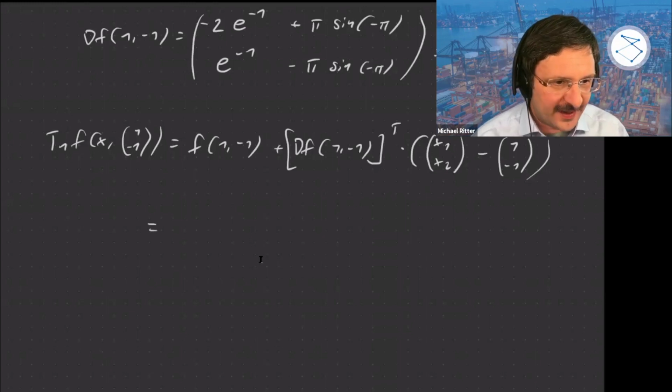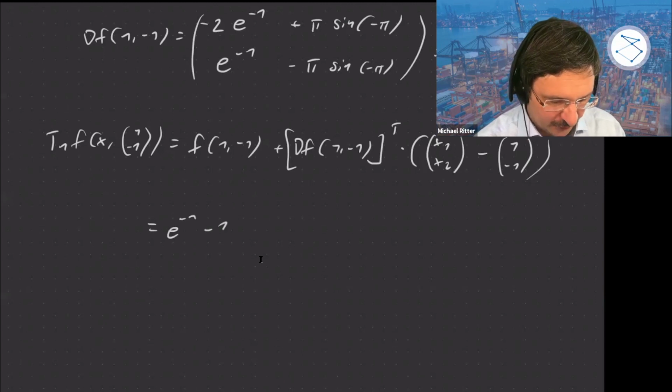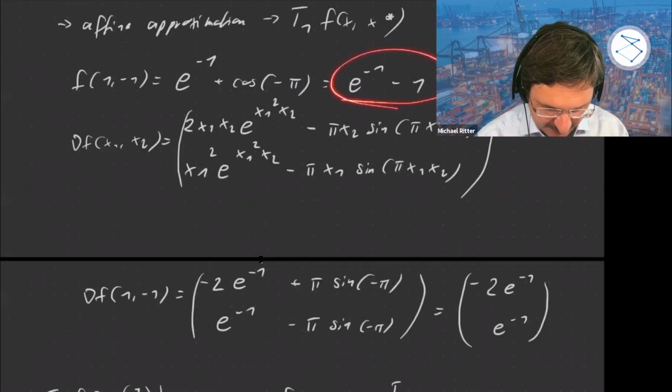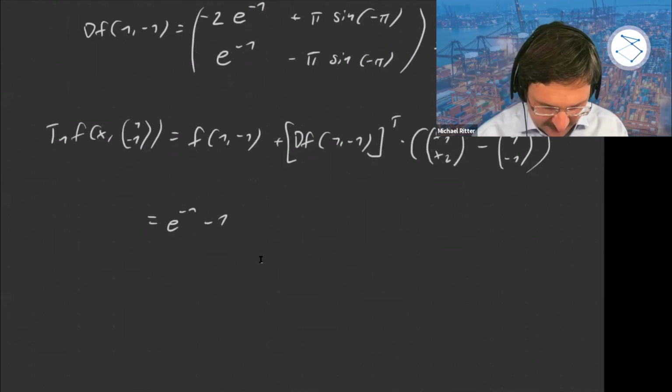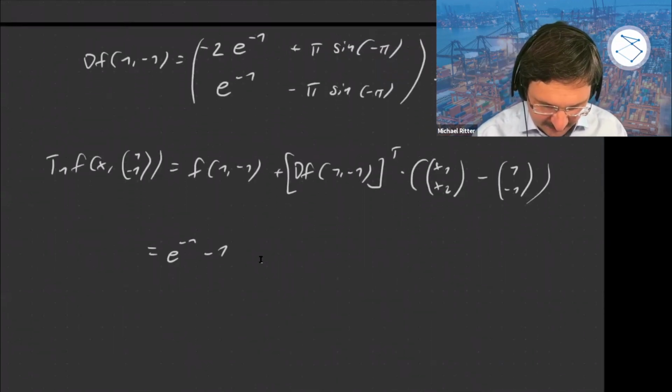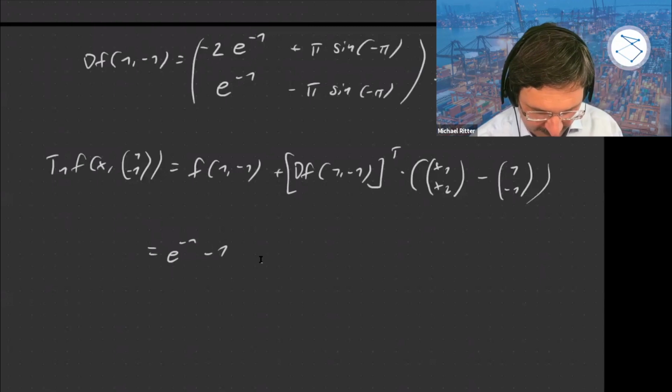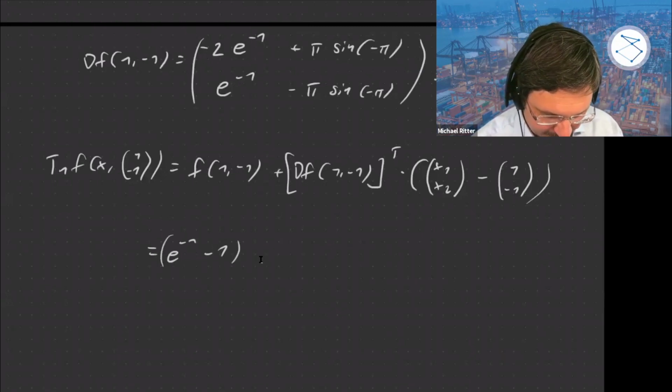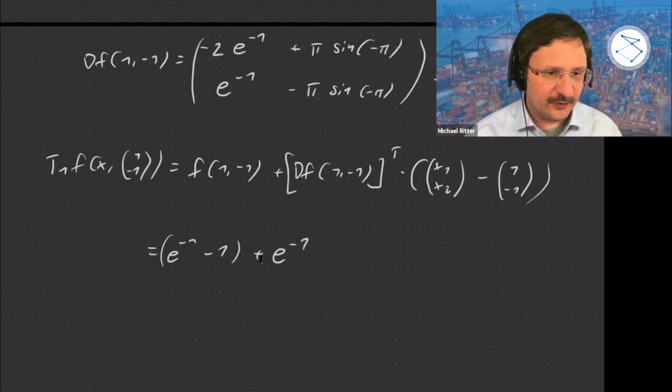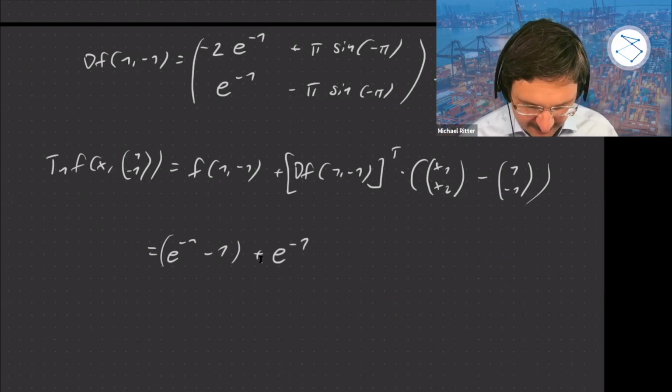The function value was e to the minus 1 minus 1. Computed that right here. That gradient here, that was, let's take out the e to the minus 1 to make things a little nicer.